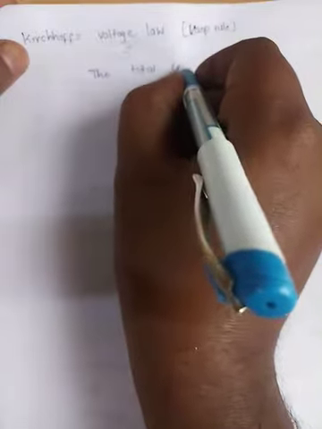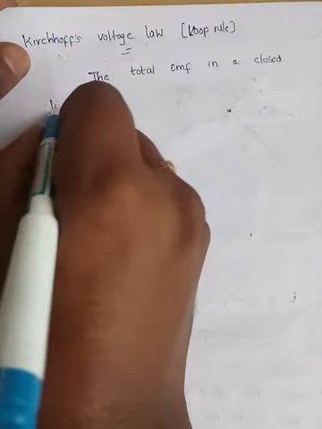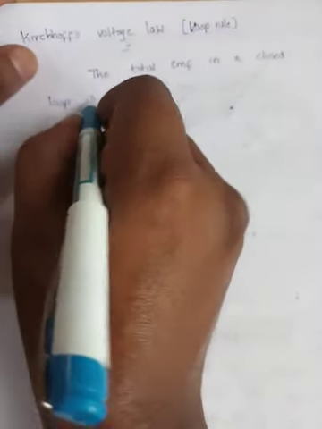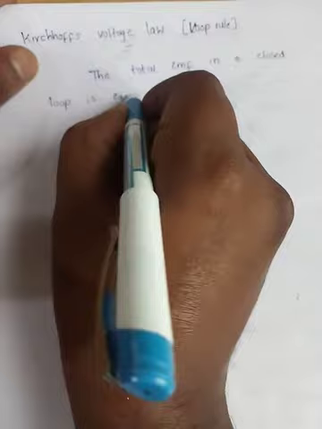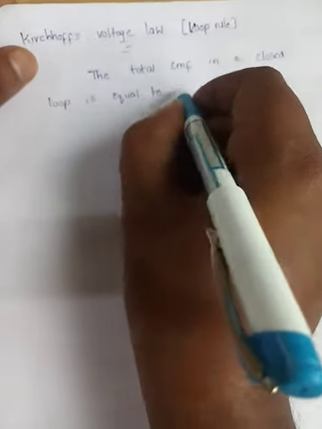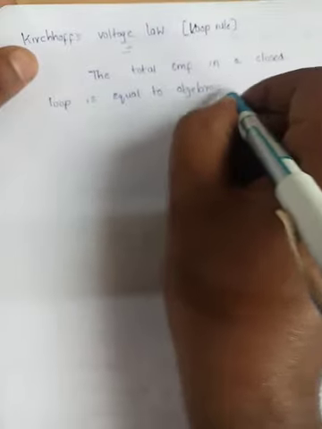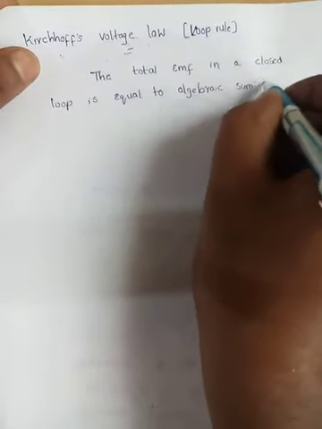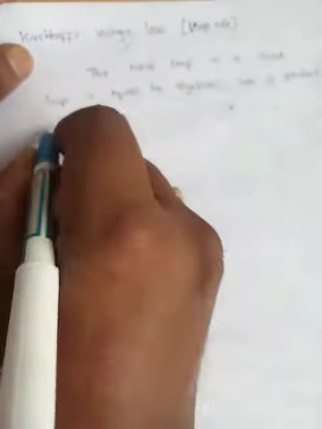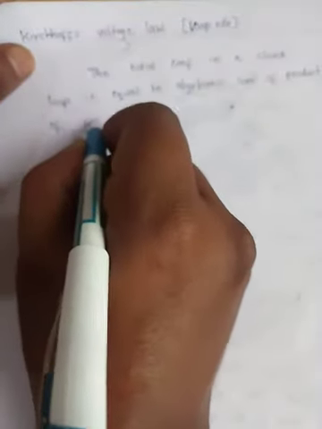According to Kirchhoff's voltage law, the total EMF in a closed loop is equal to the algebraic sum of the product of current and resistance.